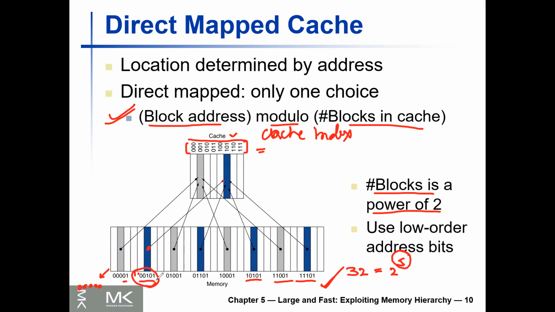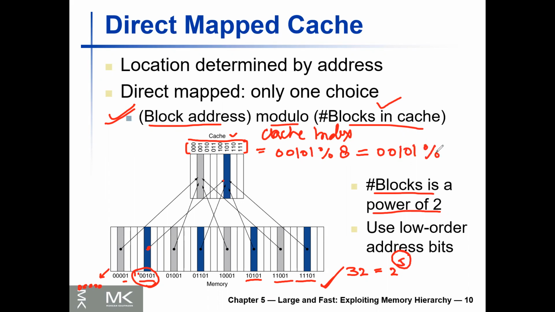This block address: 00101, modulo. You know the modulus operator very well. And we need to write the number of blocks in the cache. How many blocks do we have in the cache? 8, exactly. Can I write this 8 as a power of 2?